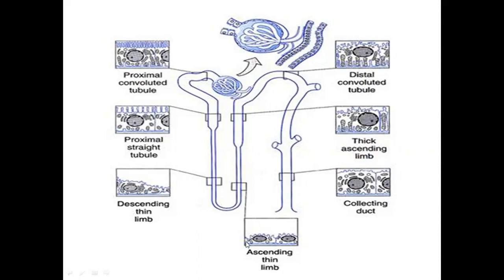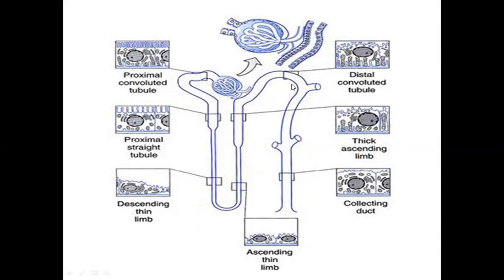The ascending thin loop is again lined by simple squamous epithelial cells, and then the thick ascending loop is again lined by cuboidal cells due to the rounded nucleus here, with poorly developed microvilli. Then the distal convoluted tubule is again lined by cuboidal cells due to their rounded nucleus, but their apical border has poorly developed microvilli, as shown here.